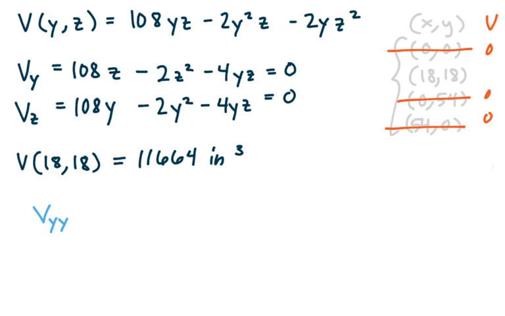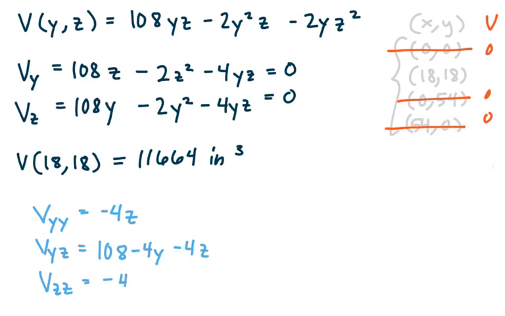VYY, taking that second partial, we're going to get -4z. Again, using this and taking the partial with respect to z, VYZ equals 108 minus 4y minus 4z. And VZZ, that second partial with respect to z twice, we get -4y.